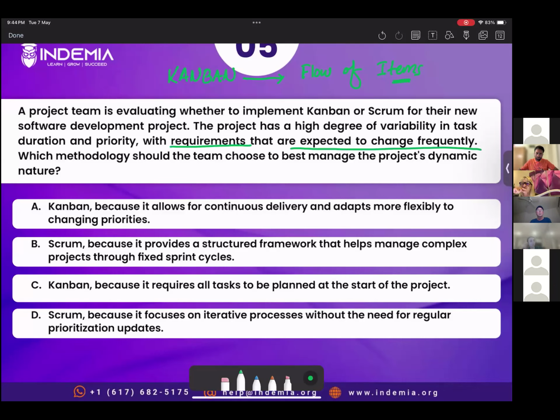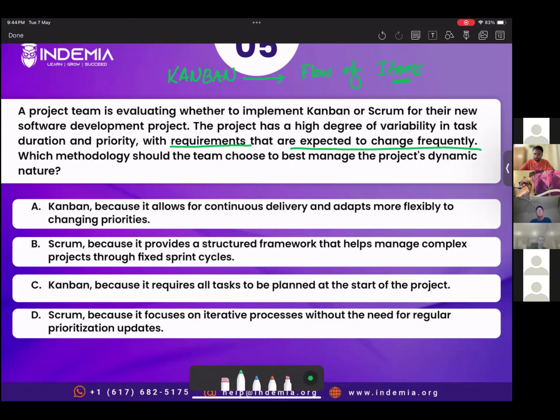So I chose option B because it provides not only the framework, but the methodology that helps to understand the changes that will be happening frequently through the fixed sprint cycles.